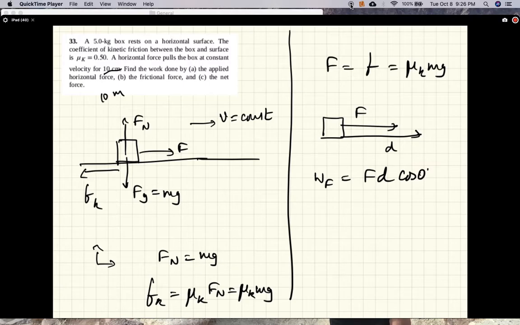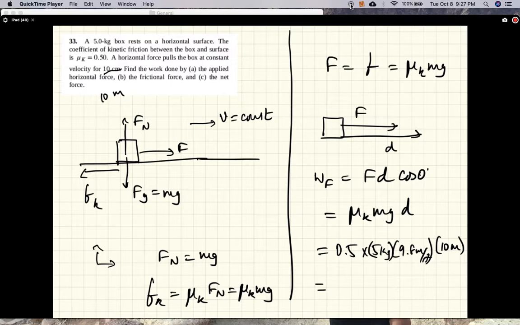So this is equal to mu k mg times d, and cosine 0 is 1, so this is 0.5 times 5 kg times 9.8 meters per second squared, and I've changed the distance to 10 meters, so this is equal to 245 joules. So the work done is 245 joules.